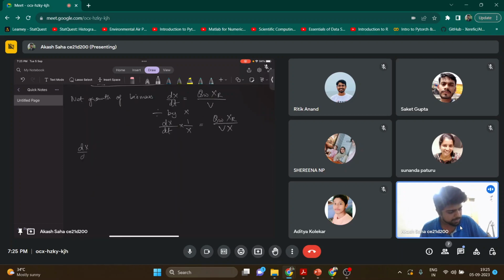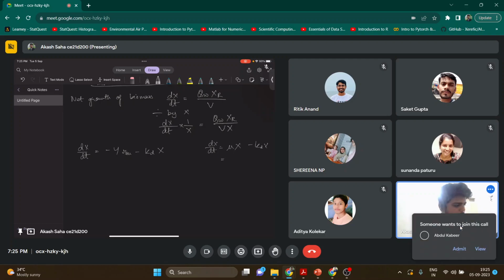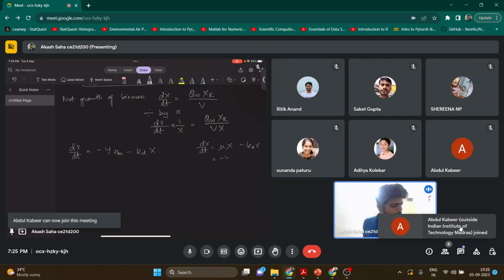Also we know that dx by dt can be written in terms of the yield and the specific substrate utilization rate, minus kdX. Either I can write dx by dt as mu X minus kdX, or in terms of specific substrate utilization, Y rsu minus kdX.